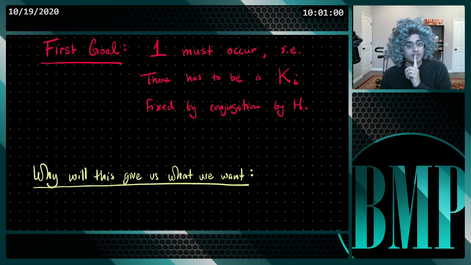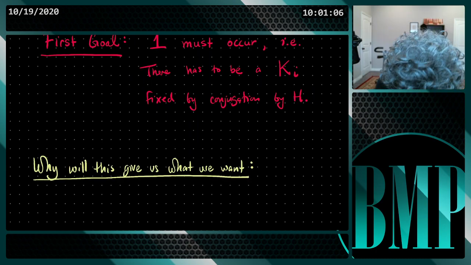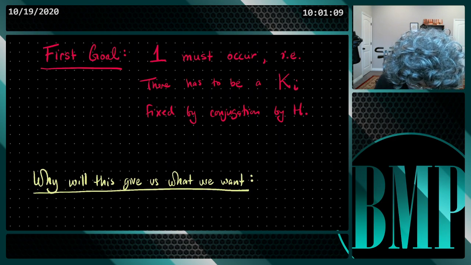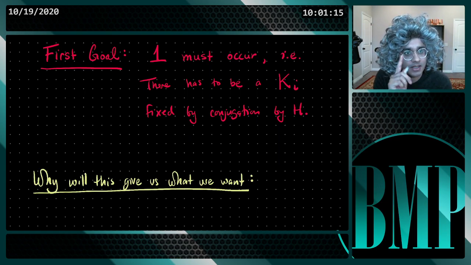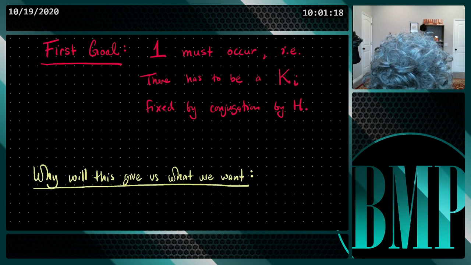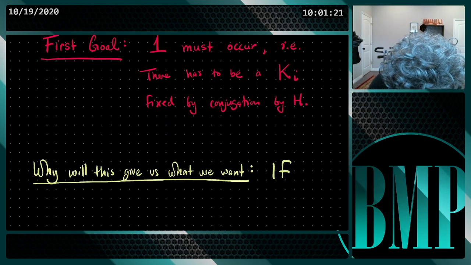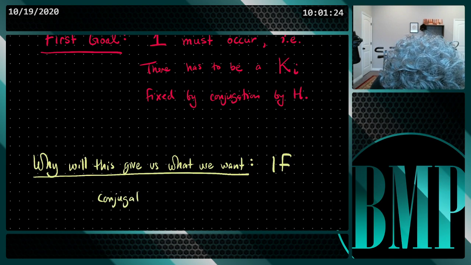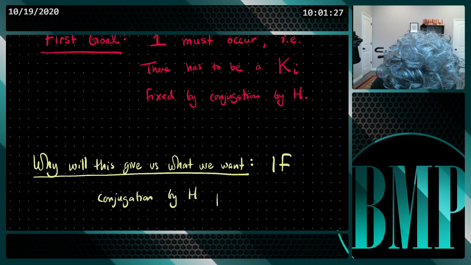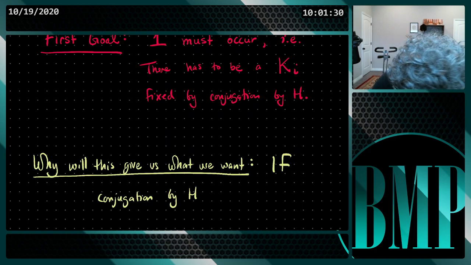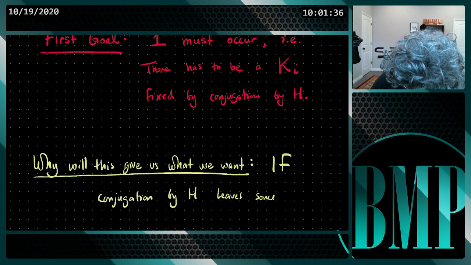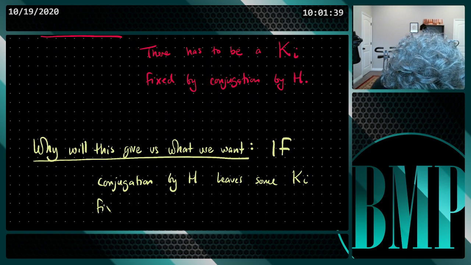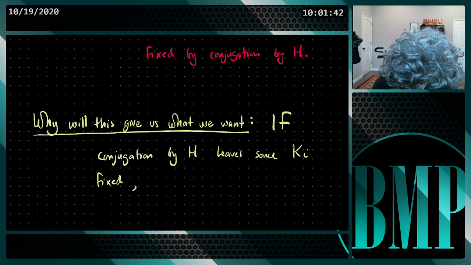This will give us what we want because if conjugation by H leaves some Ki invariant, some Ki fixed, then what does that mean?